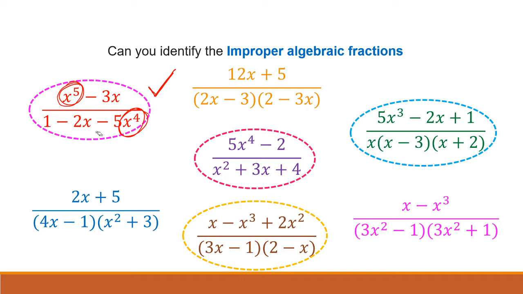Alright. Same way in this one, it's also very clear, right? The highest power of x in the numerator is 4 and the highest power of x in the denominator is 2. So that makes this an improper fraction, right? Now if you look at this fraction, the denominator has double brackets. So before we can decide if the numerator has a higher power or not, we have to remove that bracket, right?